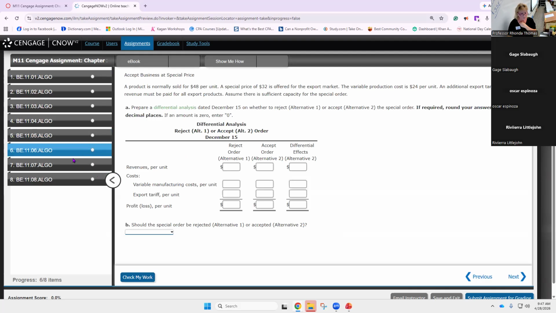And then the last decision is what they call a special price option. Some businesses may be asked to sell their product at a really low sales price. Let's say a nonprofit. Let's say, I'm trying to think of a good example, let's say McDonald's here in town decided to give those of us who work and go to school here at Butler a % off, right?